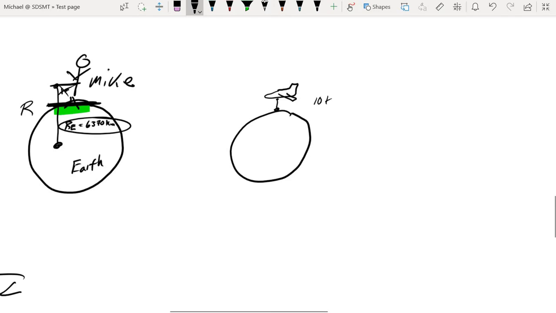So you'd have to add 10 kilometers to the 6,370 kilometers of the radius of the Earth, and so you'd get about 6,380 for the center-to-center separation of the plane and the Earth.